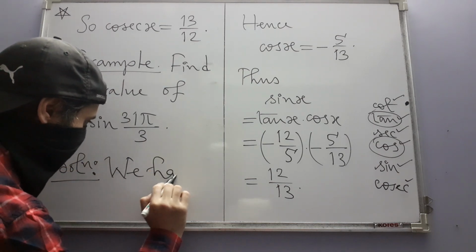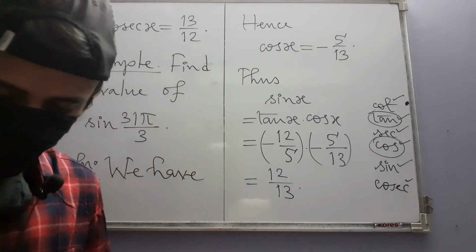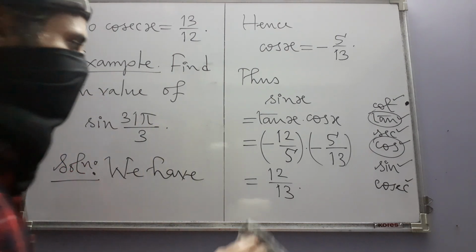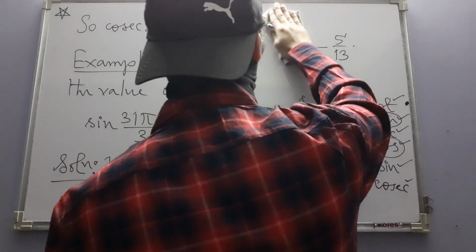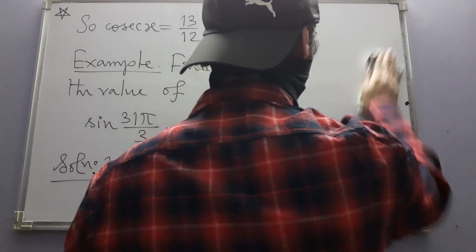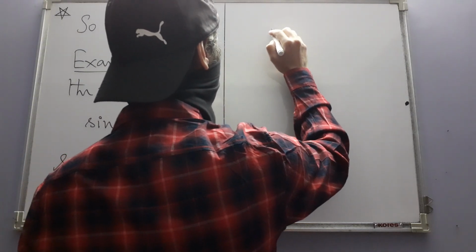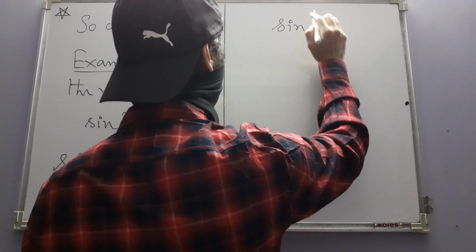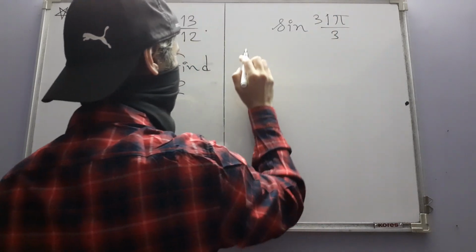We need to write this somewhat large angle as a sum of two smaller angles which are known angles. Sin 31 pi over 3.